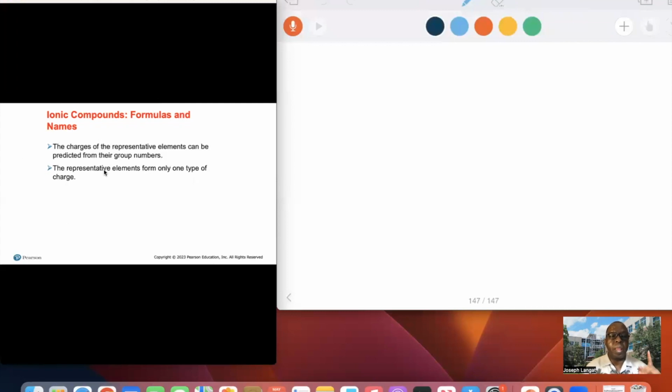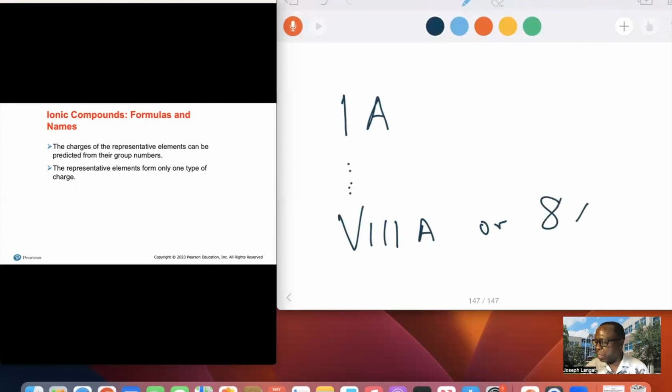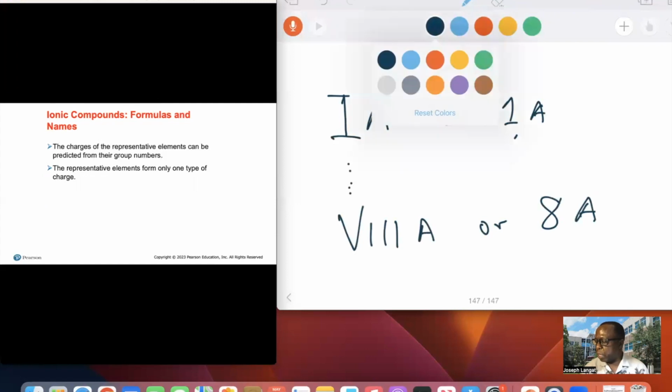Representative, and again, these are the A's on the periodic table, the ones we number using a number and a letter A, all the way to 8A, or sometimes you may see this as a Roman numeral, or we can have 1A, and we can also have just 1 for the IUPAC system.